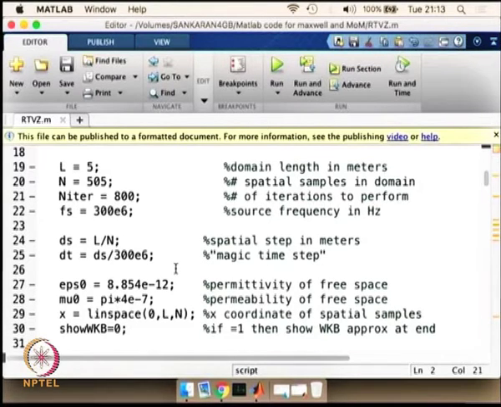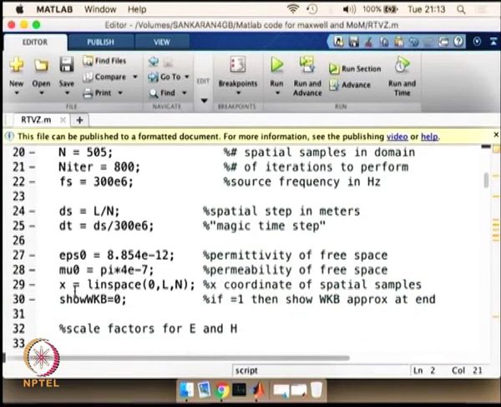The spatial step in meters is being given by ds, that is going to be L divided by n. So this is going to be 5 divided by 505, and dt is going to be the value of the spatial step divided by frequency, and epsilon naught is going to be the value of the free space permittivity, which is 8.854 times 10 power minus 12.